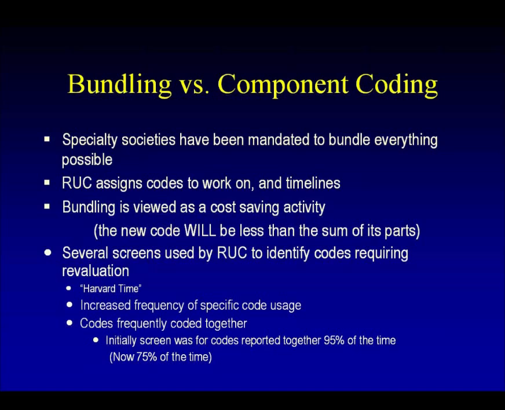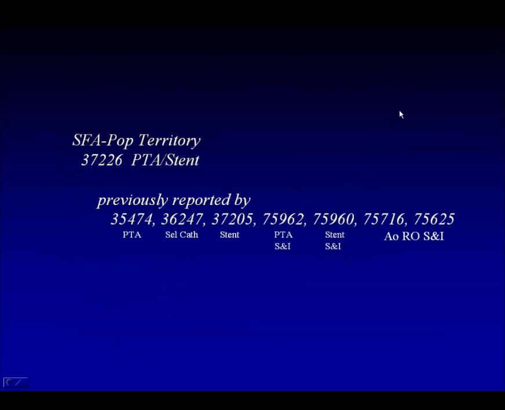Essentially, if you've got an angioplasty code for physician work, 35474, and an S&I code, 692, that are billed together all the time, they'll say, why do we need 2 separate codes for that? Let's get only 1 code to express that.